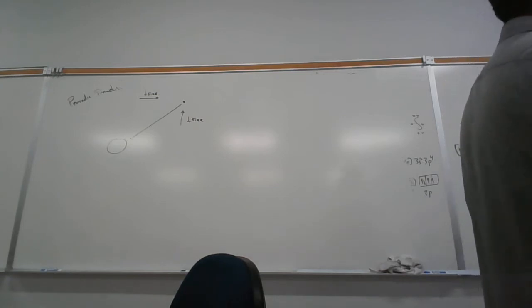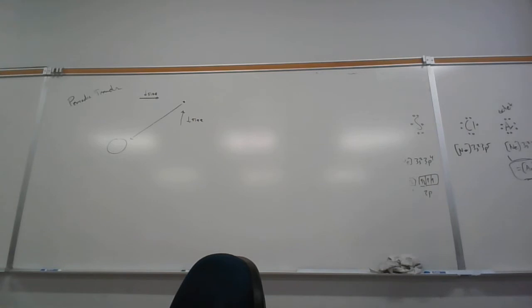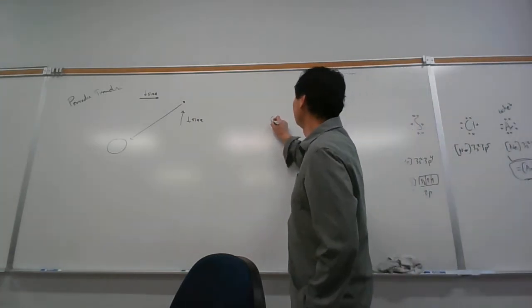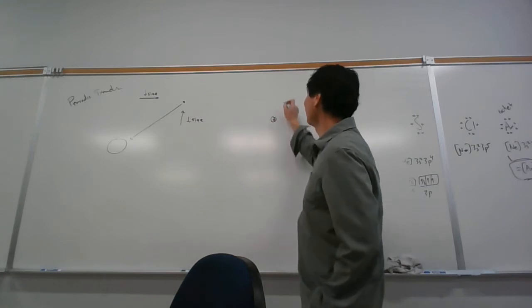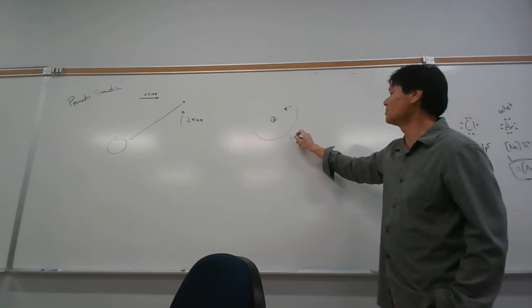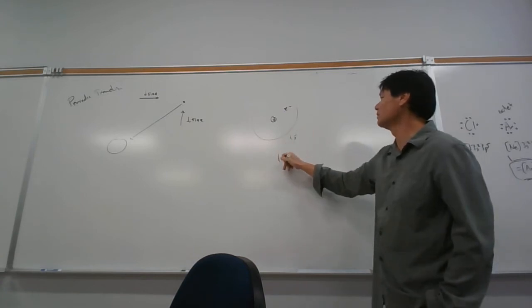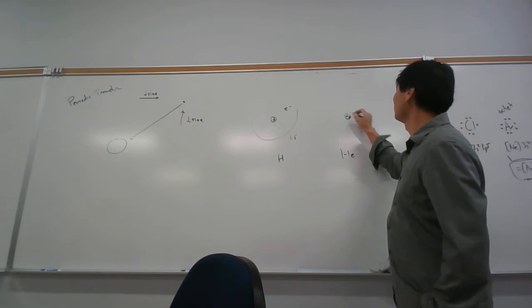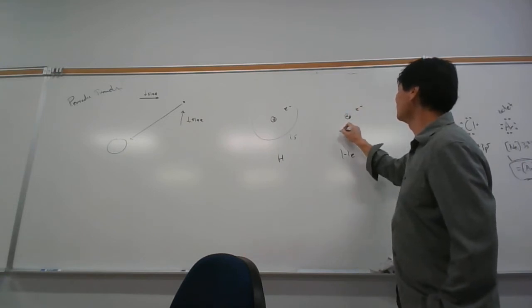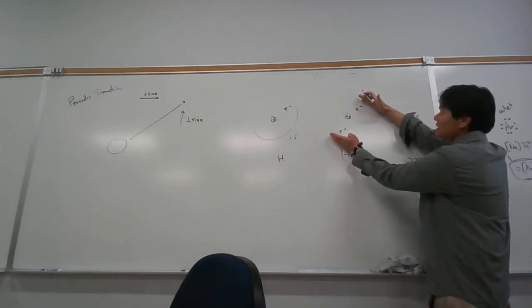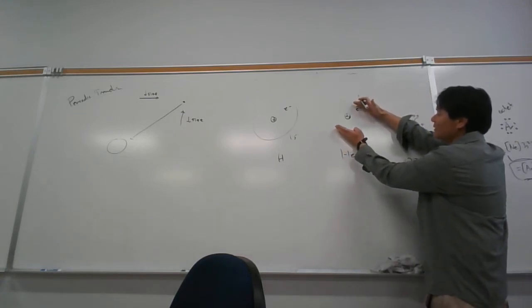Why is helium smaller? It's got more stuff. And so the reason helium is smaller is like this. Hydrogen has only 1 proton and 1 electron in the 1s orbital. This would be hydrogen. Helium has 2 protons, and it has 2 electrons in the 1s orbital. And so what happens is with 2 protons, the electrons get pulled in closer.